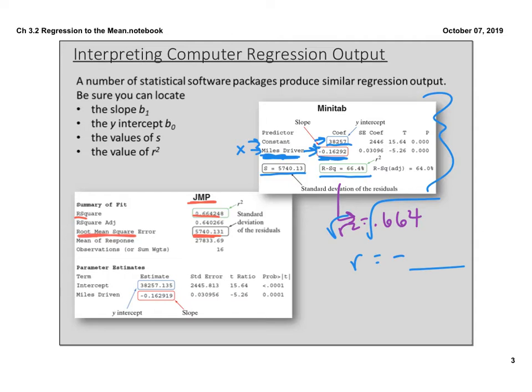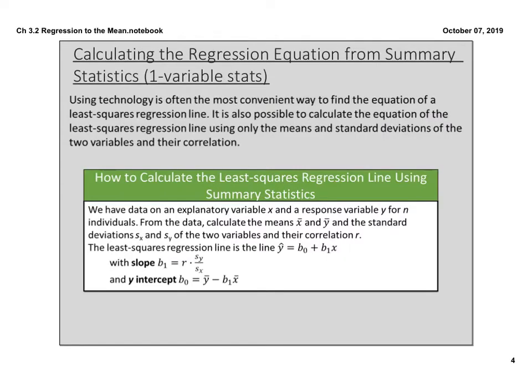And then you'll see the y-intercept, and the x variable, miles driven, with the slope next to it. So that's just another program. I see the Minitab one a lot more often. I don't see the JMP ones as much, but they do sometimes come up. So just know how to look through the data, or the summary statistics, that you're given based on the different software programs that you'll see.